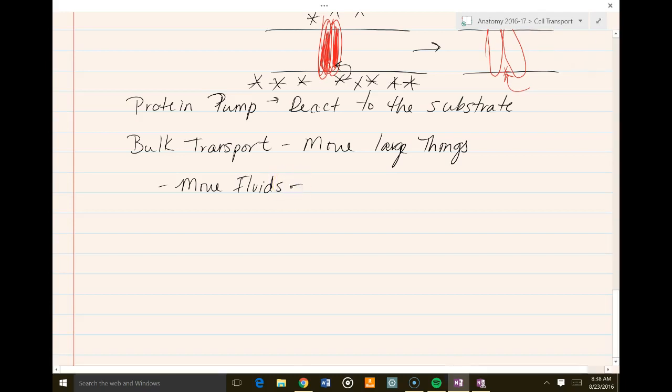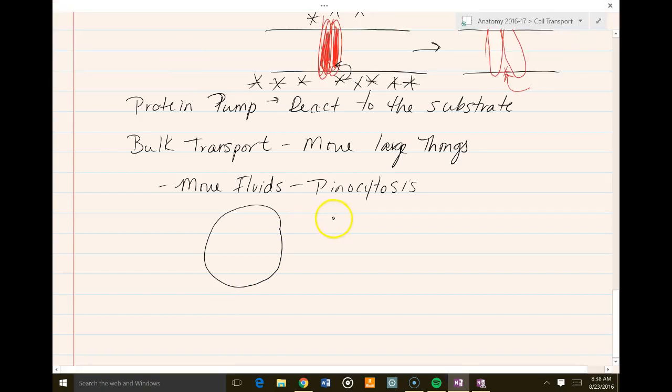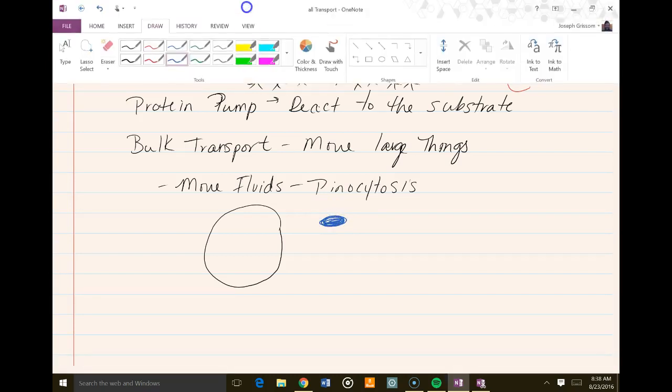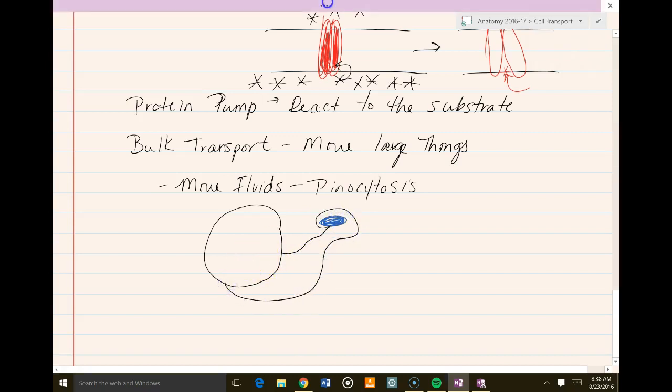So if we want to move fluids in this bulk way, we call it pinocytosis. Okay, and what happens is we've got our cell, so this represents our cell. Let's say it really wants to absorb this chunk of water. What the cell is going to do is it's going to actually change the shape of the membrane in a way that allows it to absorb that particular chunk of material.